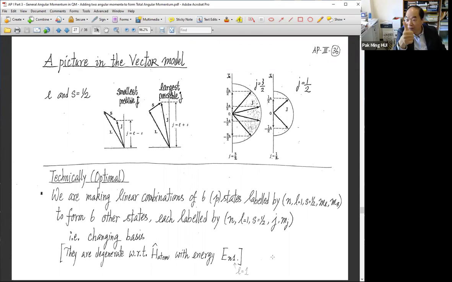The current loop generates a magnetic field at the location of the electron. There's no external magnetic field, all internal. Therefore, that magnetic dipole moment with spin has to respond to this internal magnetic field due to the orbiting motion. Therefore, S and L are coupled, and that is called spin-orbit coupling.